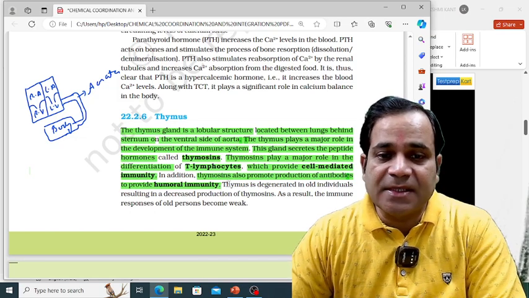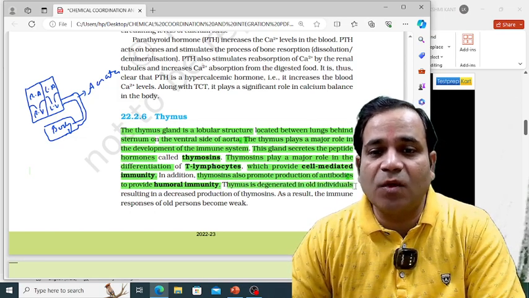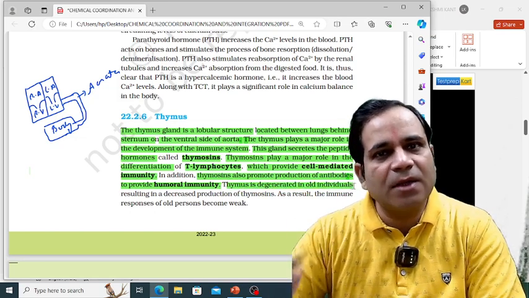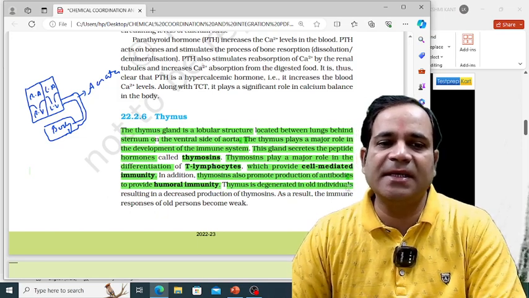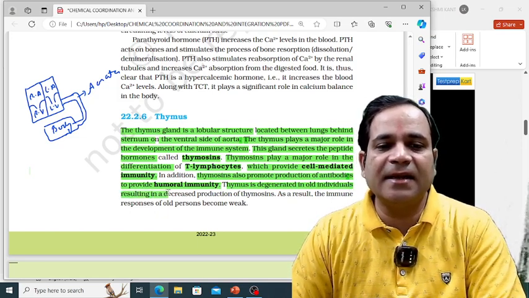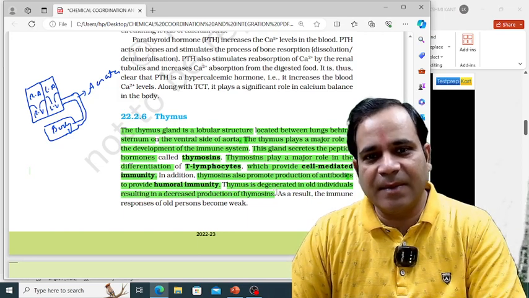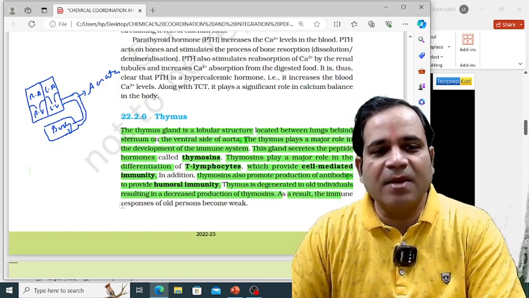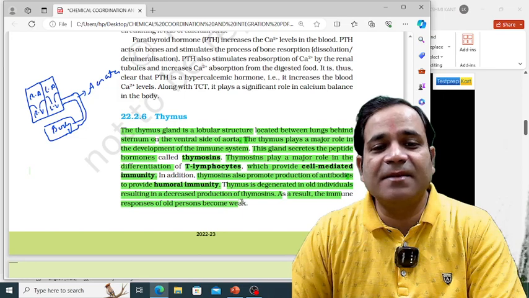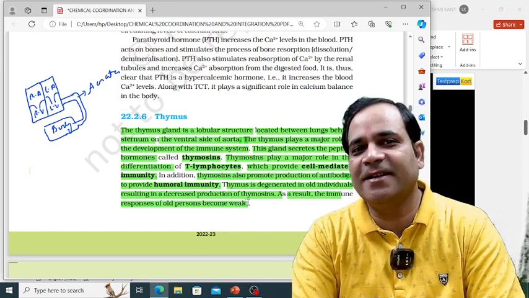So the thymus degenerates in old individuals. As we grow, the thymus degenerates, resulting in a decreased production of thymosin. Getting my point? As a result, the immune response of an old person becomes weak, my dear.